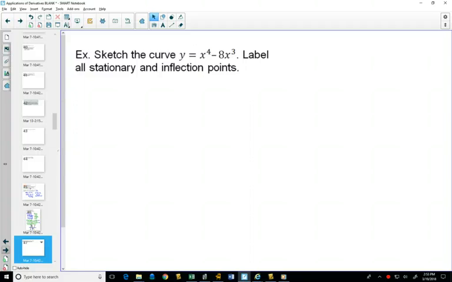So for this one, I want you to try it. I want you to be explicit about the second derivative test.